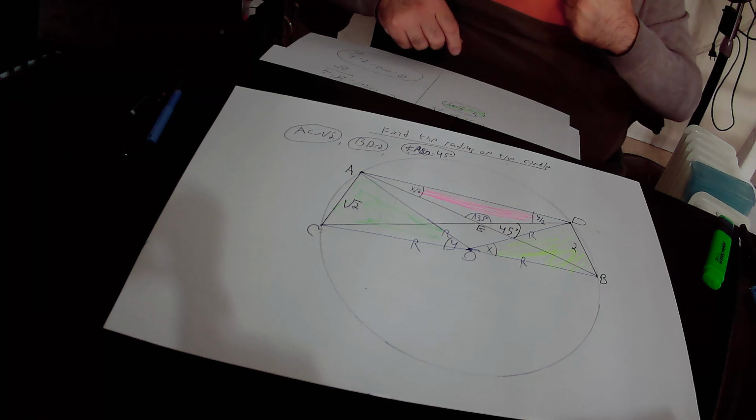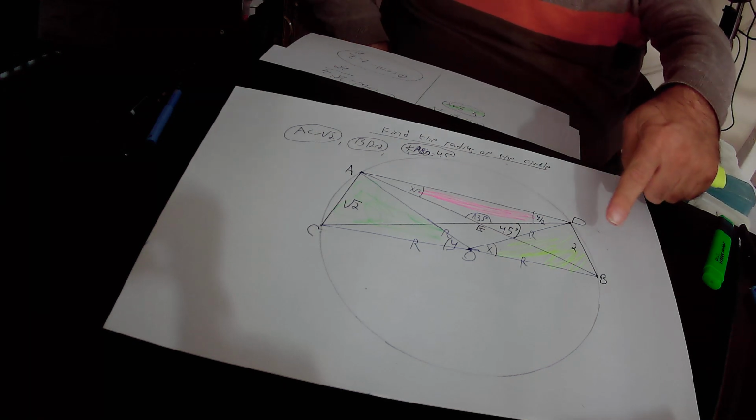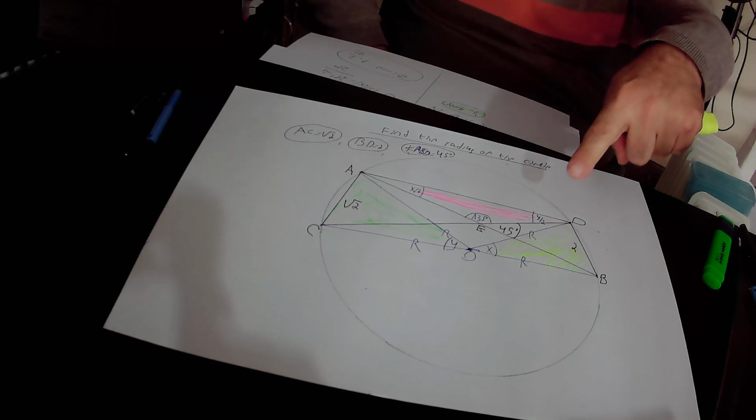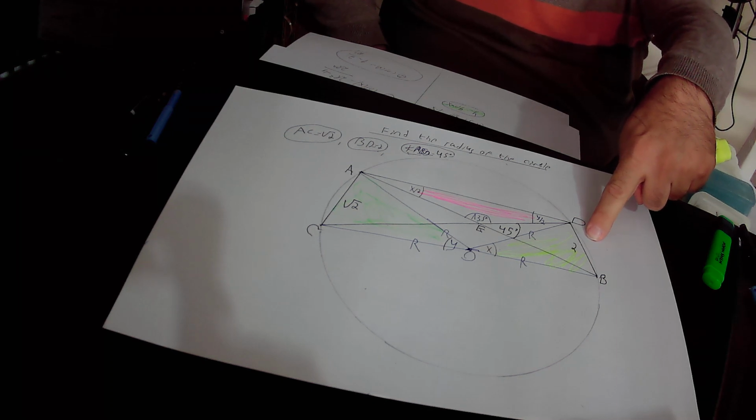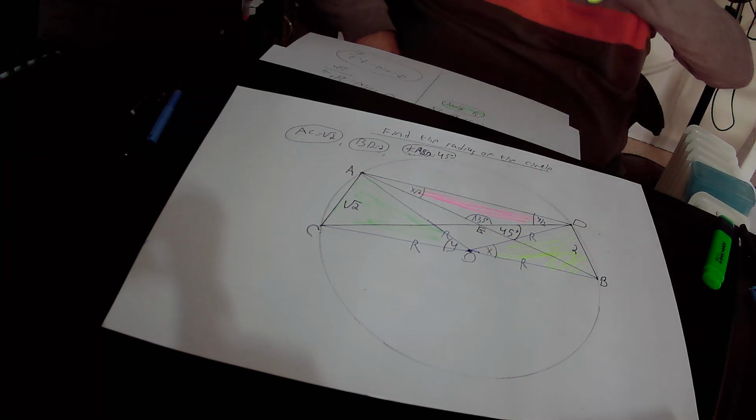According to the Pythagoras theorem, in the yellow triangle BOD, cosine x equals r squared plus r squared minus 2 squared over 2 times r times r.